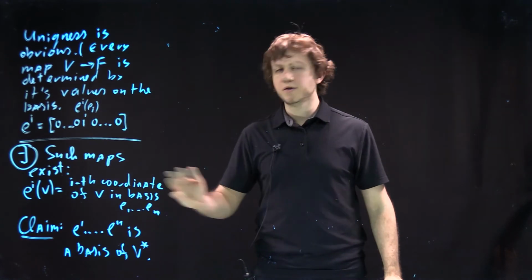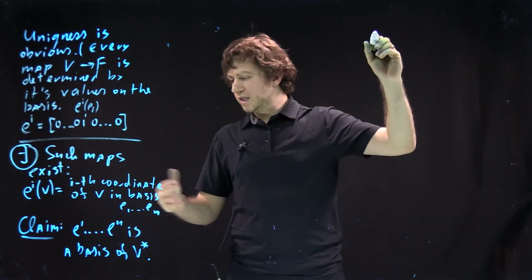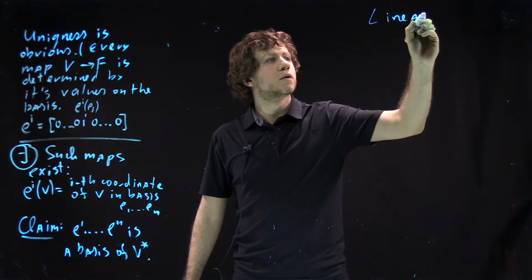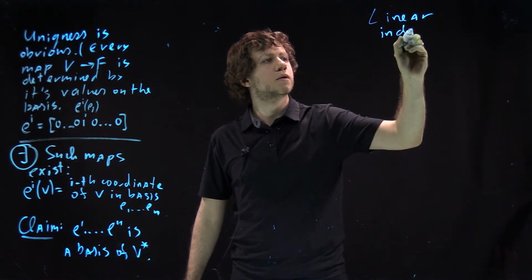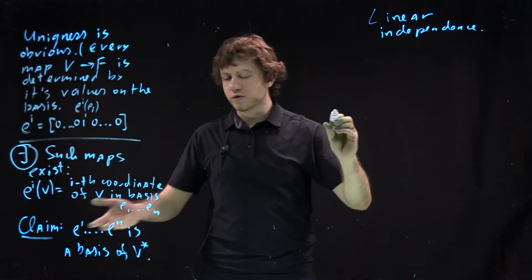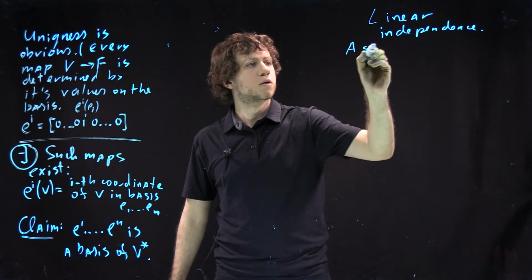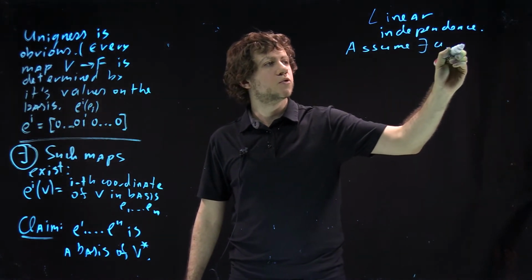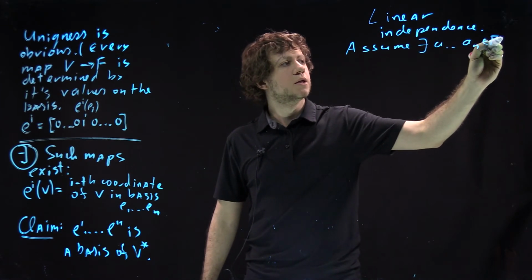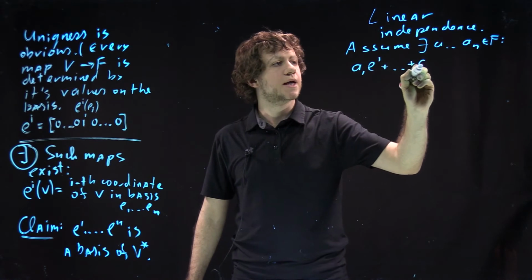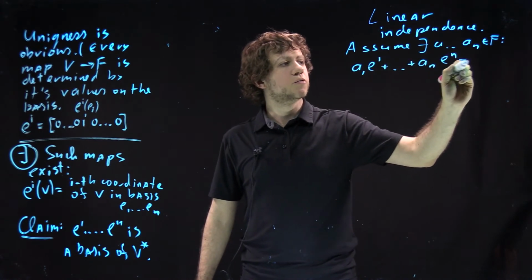Okay, so we continue the proof. So let's first prove linear independence. So for that, let's assume there exists a_1 up to a_n in our field, such that a_1 e^1 plus and so on plus a_n e^n equals 0.